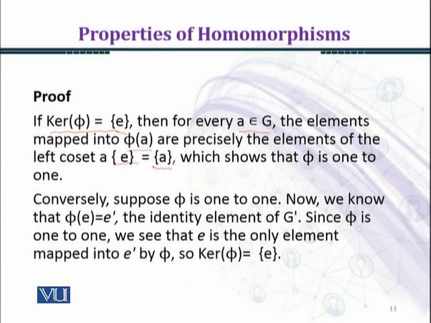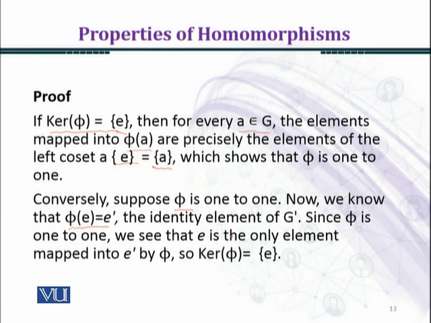Now we shall prove the converse statement. Suppose phi is 1 to 1. Now we know that identity element of G will map on identity element of G prime. Therefore, phi of E equal to E prime.